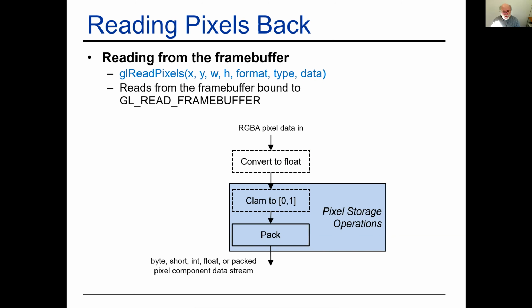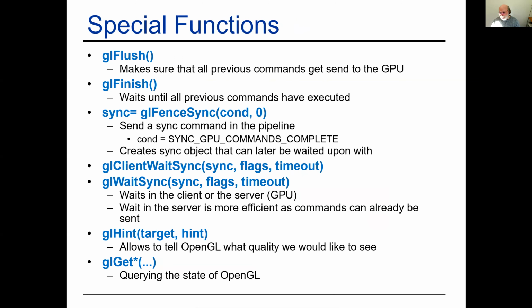It clamps it to 0 and 1, which is necessary if you're using a float frame buffer, for example, or half float frame buffer. Then of course you can represent things that are outside the 0, 1 range, so that gets clamped, and then it gets packed into what the application expects in terms of the format. And also that is hardware accelerated. These kinds of operations are typically fairly expensive if you do them on the CPU, so the GPU has a special code path for doing all of those conversions.